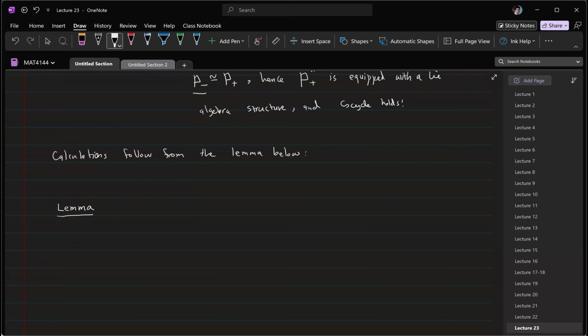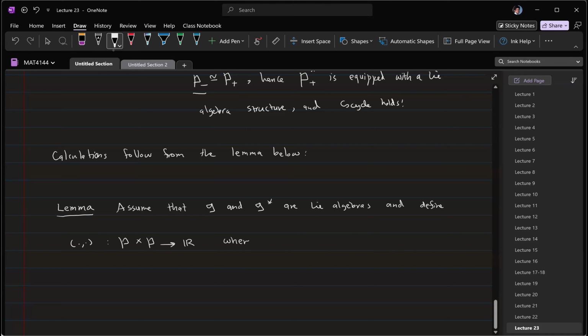So assume that G and G star are Lie algebras, and define this bilinear form on P cross P for P being G plus G star, as above.